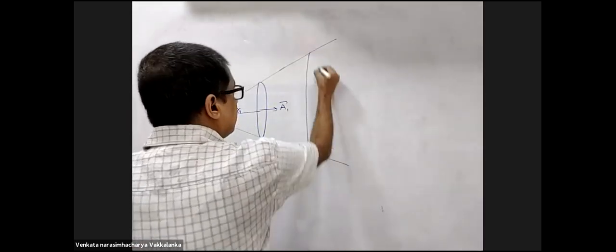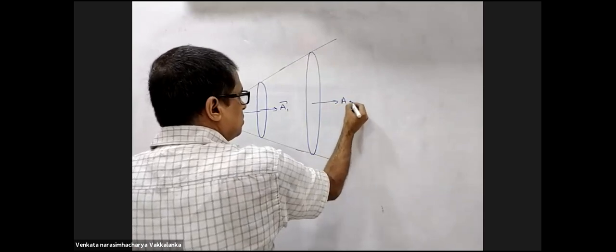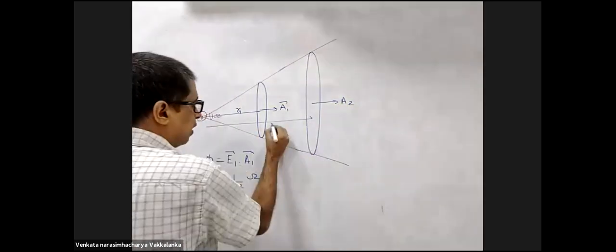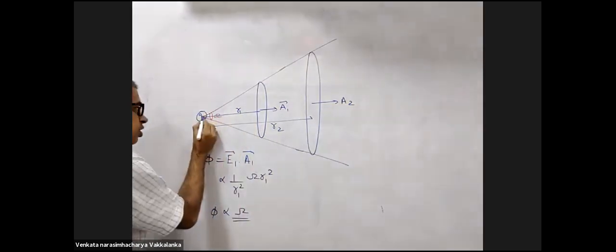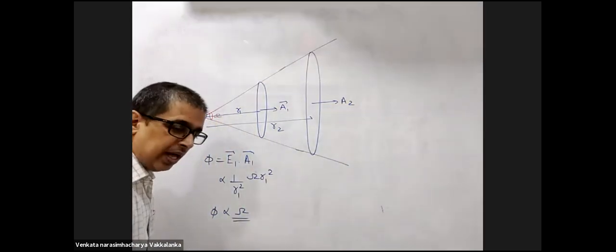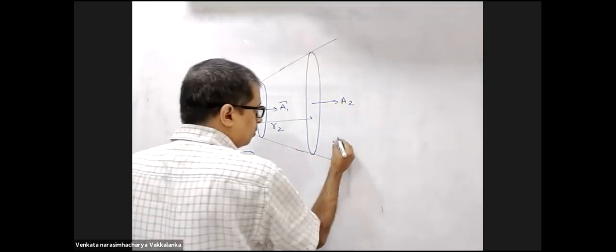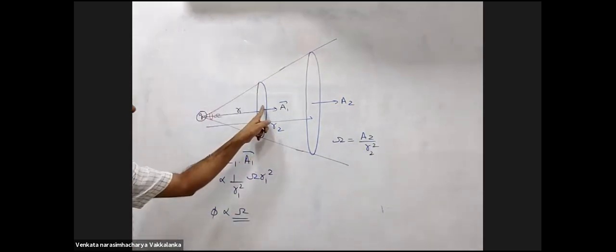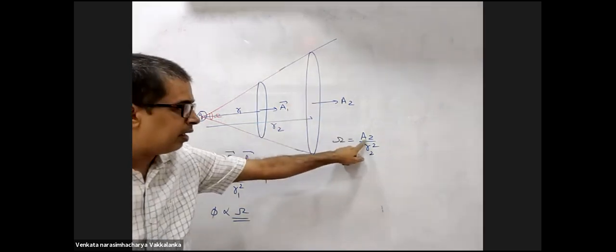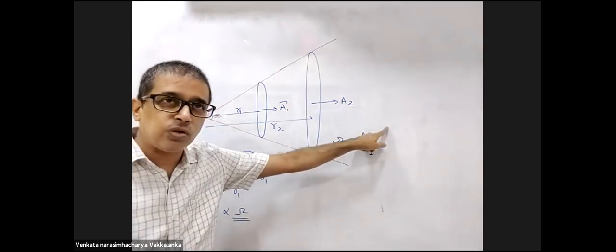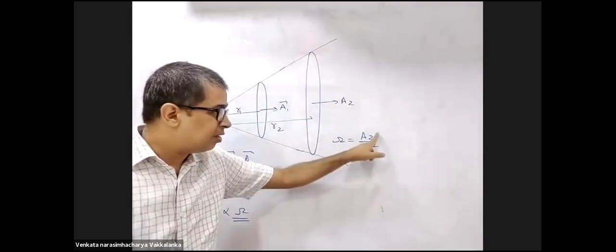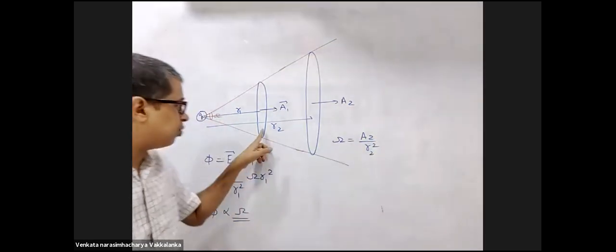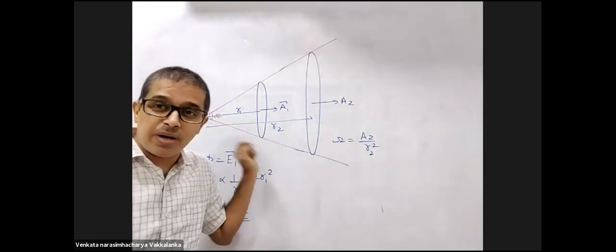Observe this. If I take another surface like this, A2, and this is R2, don't you think A2 is subtending the same solid angle here? Solid angle is A2 by R2 square. Going from here till here, area will be 4 pi R2 square for a closed sphere, so 4 pi R2 square by R2 square, and here 4 pi R1 square by R1 square.